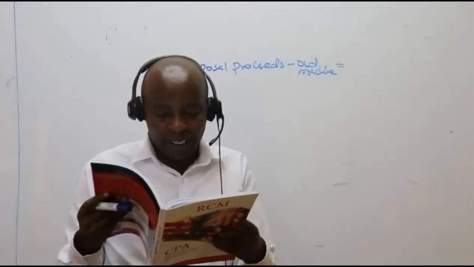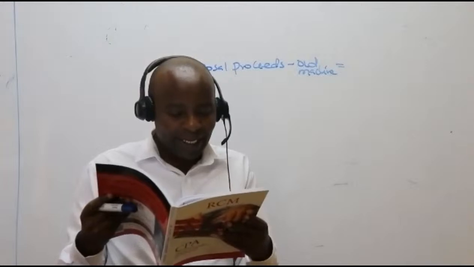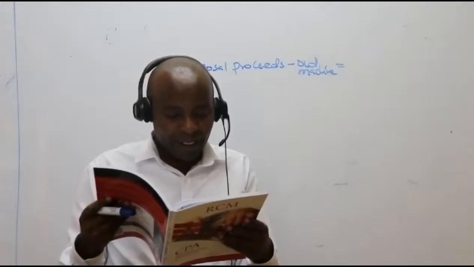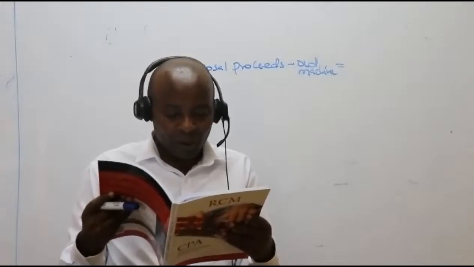The new machine is expected to cost that amount with a salvage value of 4 million at the end of the 5 years. The new machine will also require an additional investment in working capital of 2.6 million at the start of its useful life. I'm looking for the disposal.